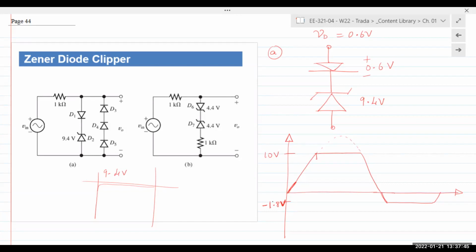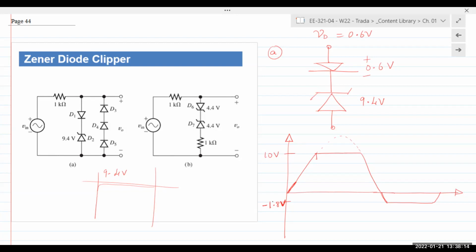You got 4.4 plus, as mentioned. So you have to keep that in mind. Zener diode is still a regular diode in forward bias, right? So if you have back-to-back Zeners, you got 4.4 in the reverse direction plus 0.6 in the forward. So in each half cycle, one diode will be reversed, the other diode will be forward biased.